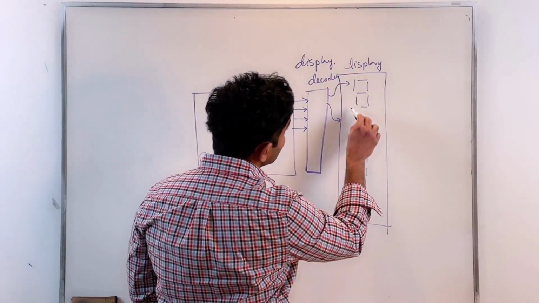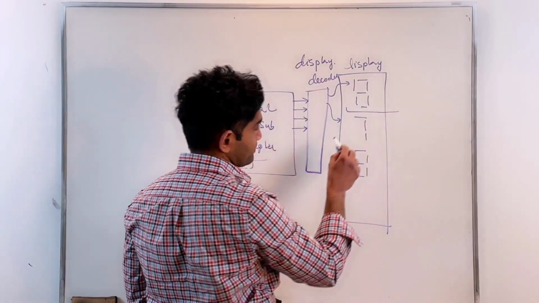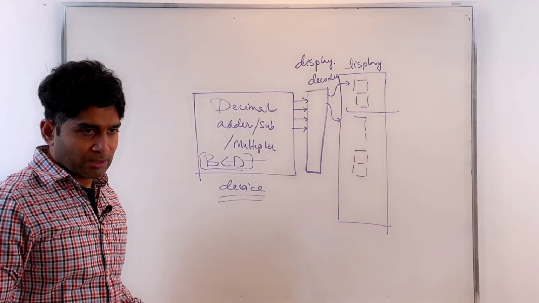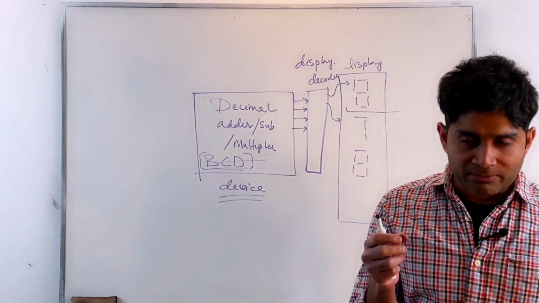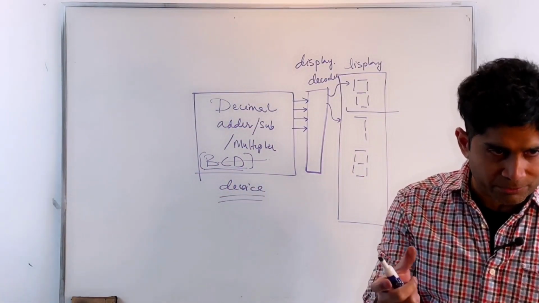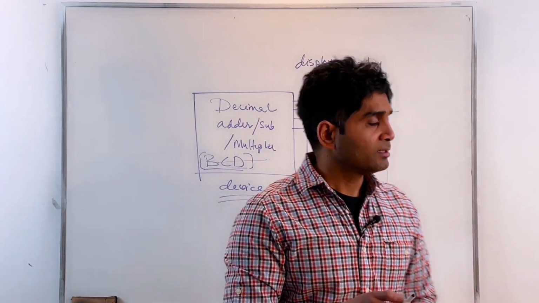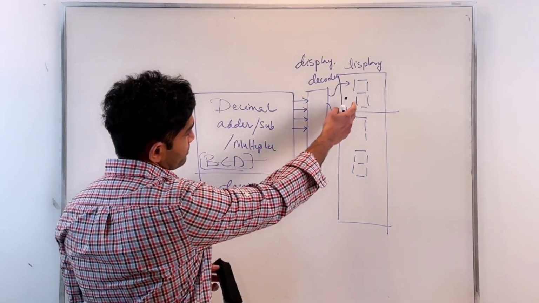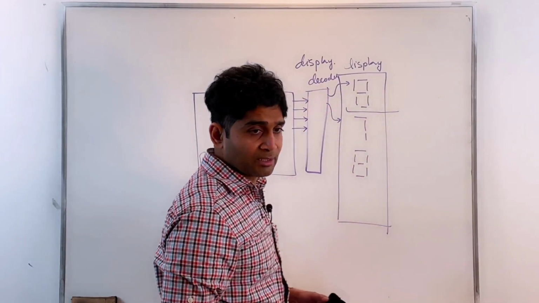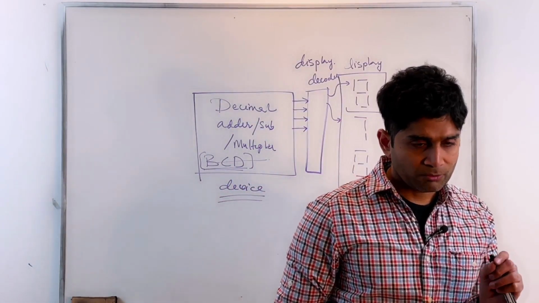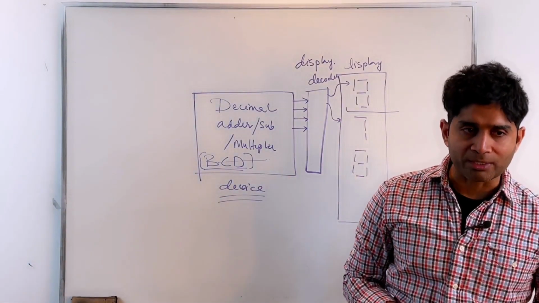Now each decimal digit is decoded from a single binary coded decimal value, right? So that means if I have 3 digits to display, I need 3 different display decoders, each for one binary coded decimal value.